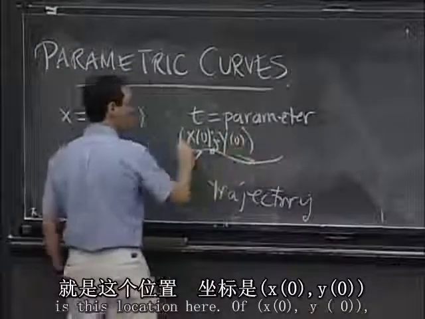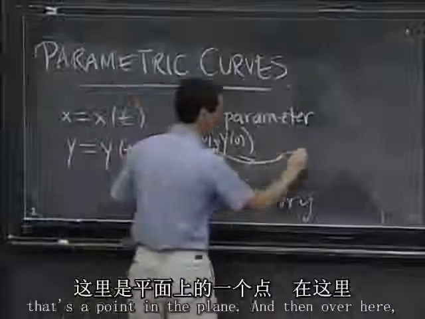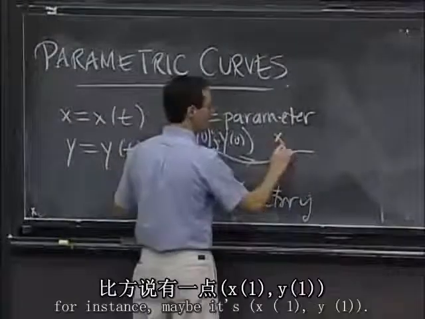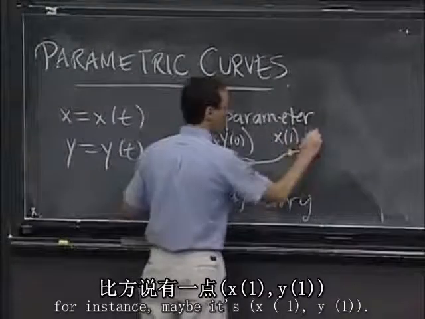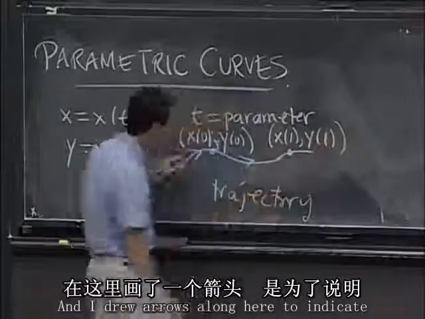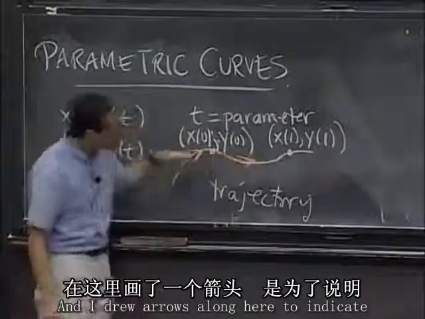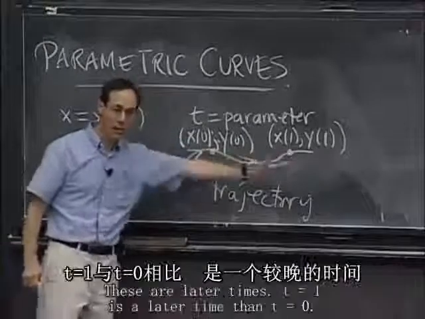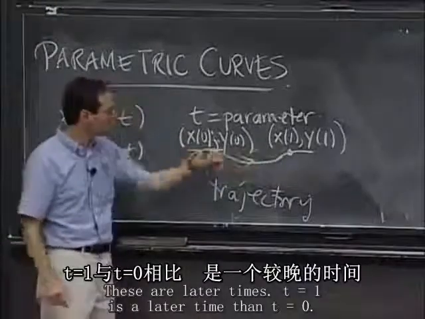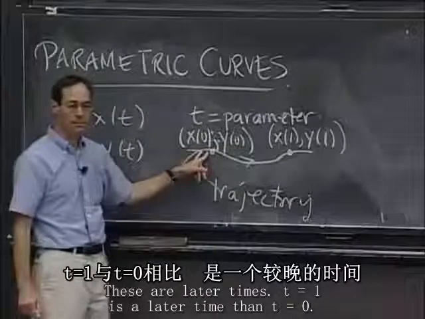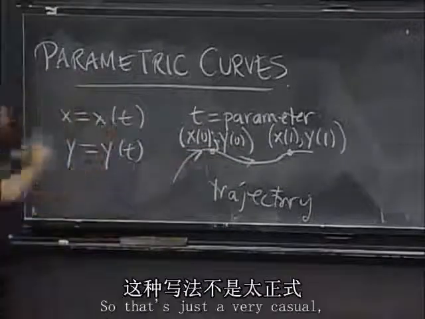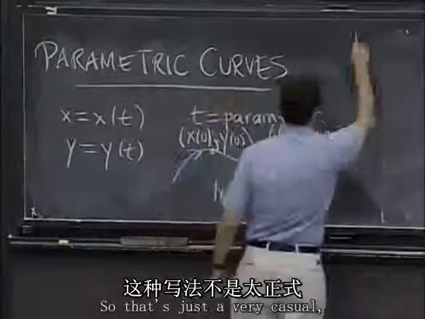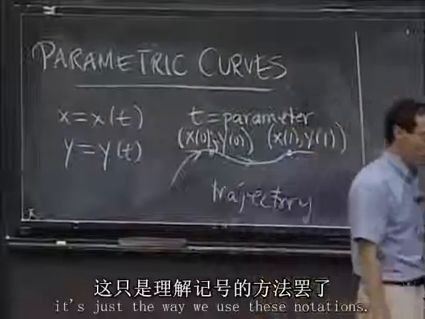That's a point in the plane. And then over here, for instance, maybe it's x of 1, y of 1. And I drew arrows along here to indicate that we're going from this place over to that place. These are later times. t equals 1 is a later time than t equals 0. All right, so that's just the way we use these notations.